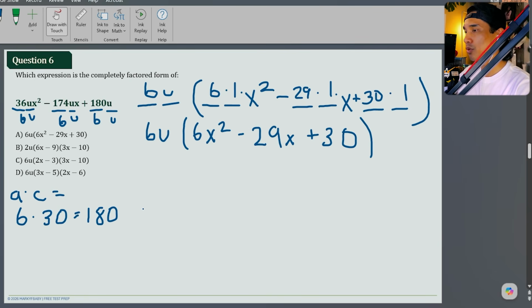Now, from here, we do what we usually do. So what are two terms multiplied together, right, equaling 180? And then when those same two terms combine together, equaling negative 29x, we have to find two values. And those two values are, I have to think for a little bit. Well, let's just write them down, okay?